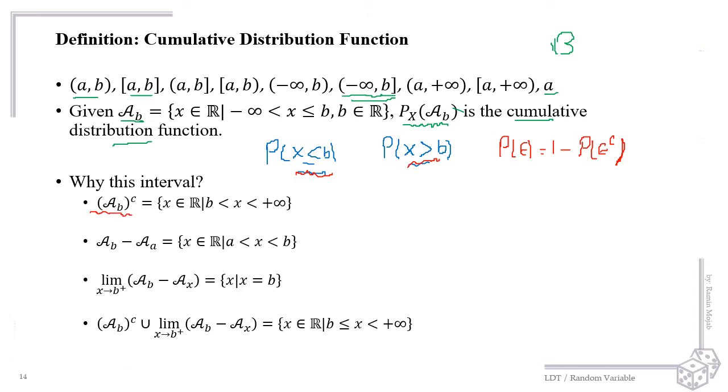Or if we want to calculate the probability that X is between two numbers, or the probability that X equals a number, we use this limit, or the probability that X is greater than or equal to b and less than positive infinity, we use this union. In other words, there is no loss of information in this agreement.